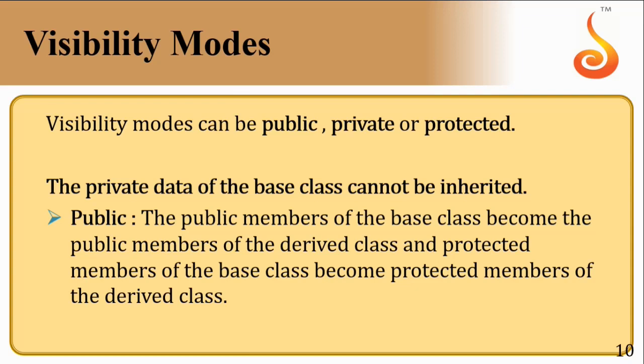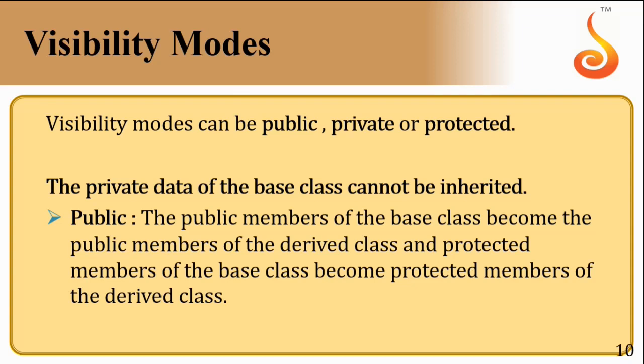In a class you will have a private section wherein you have data and member functions, then you have public, and when you have inheritance, you also have the access specifier protected. Whatever you write under the private access specifier of the class cannot be inherited. You cannot inherit private data of the class.